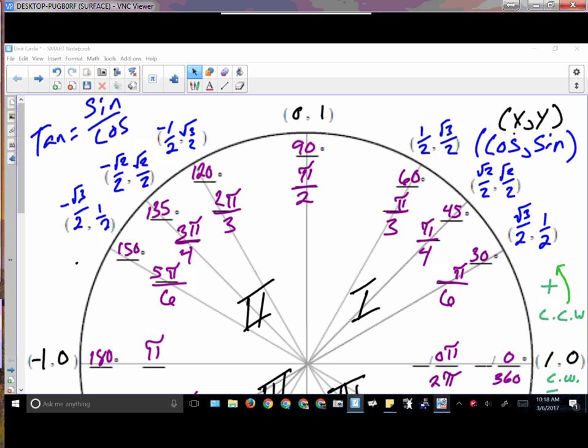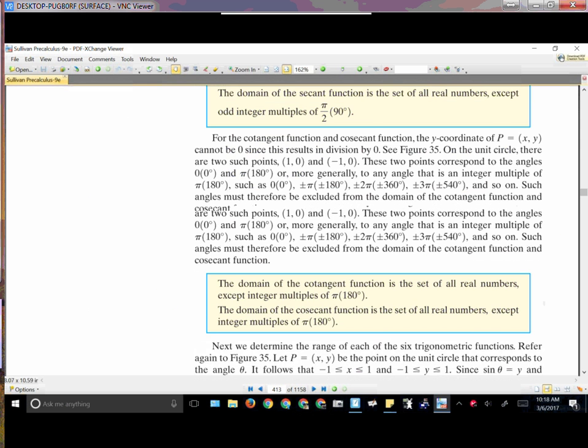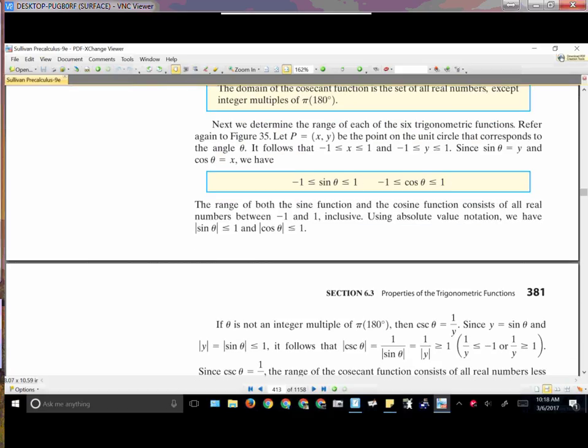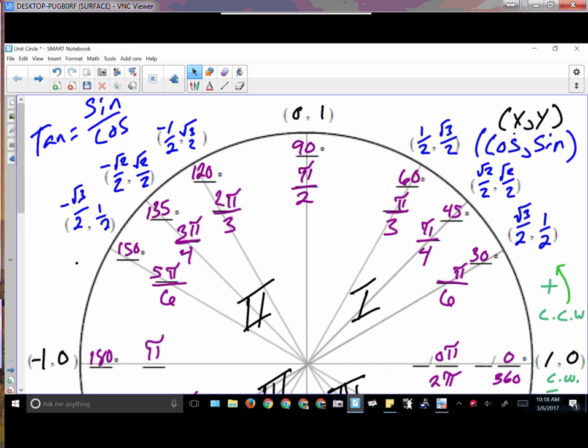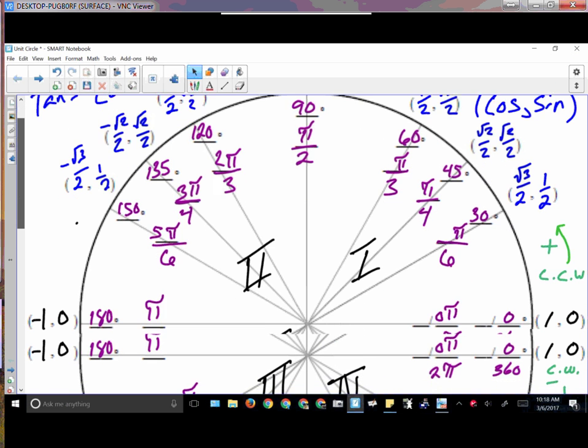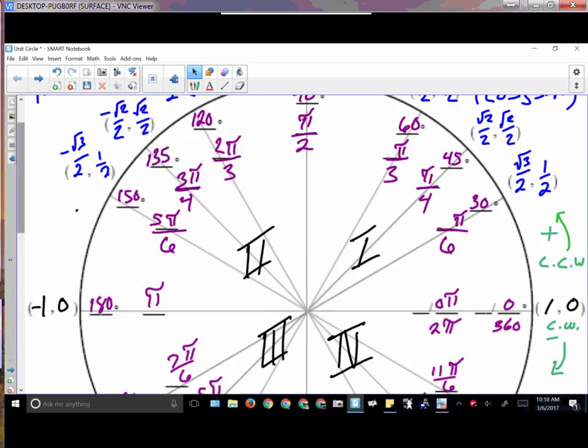Now the other thing is when we take a look at the ranges, what possible values are we going to get out? Well, let's go back here. What are our largest values?